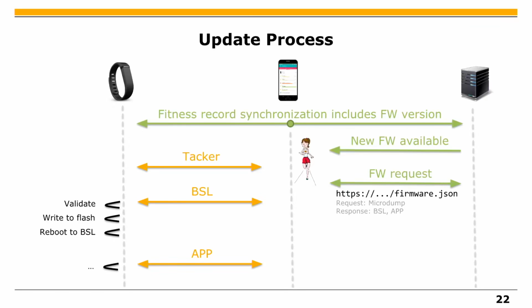And everything should work then. So this is the fail-safe part. If you break the BSL, you cannot reboot into the BSL, but your app is still valid. So this is very stable compared to other possibilities that you normally have. So we could do a lot of experiments without bricking the trackers. That was very nice.